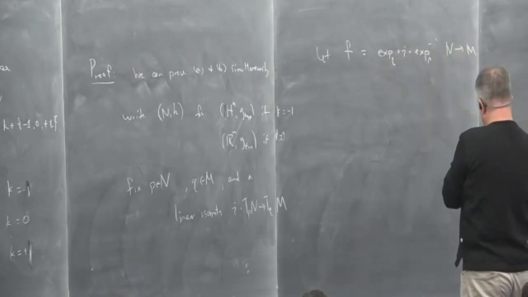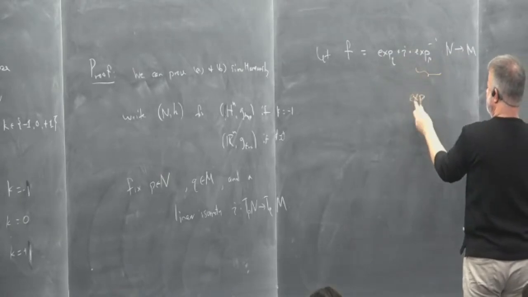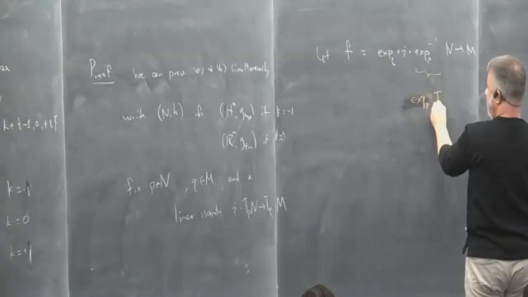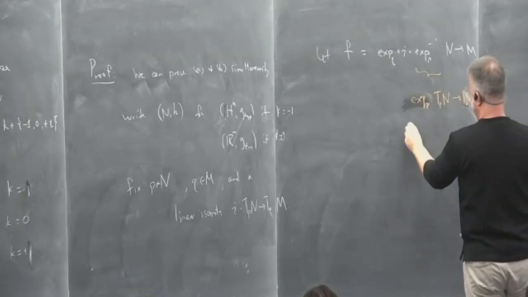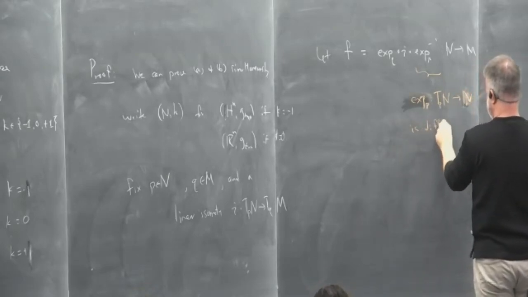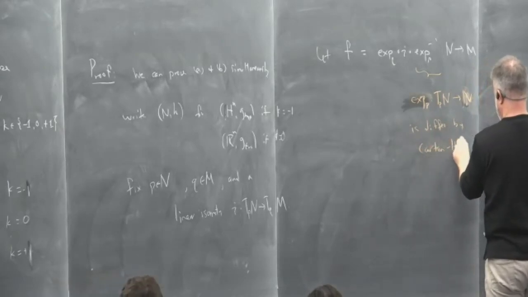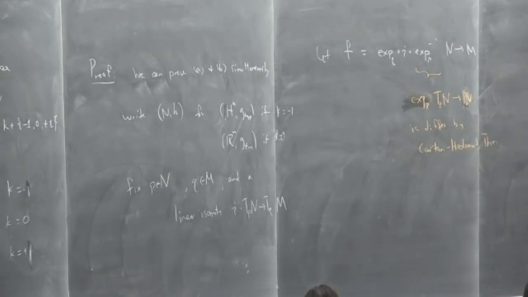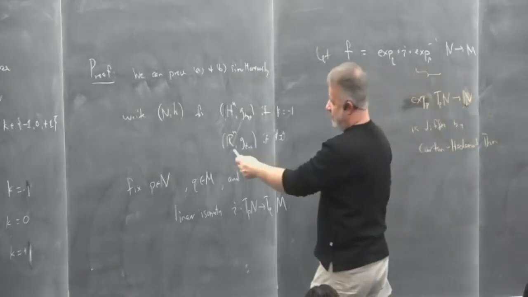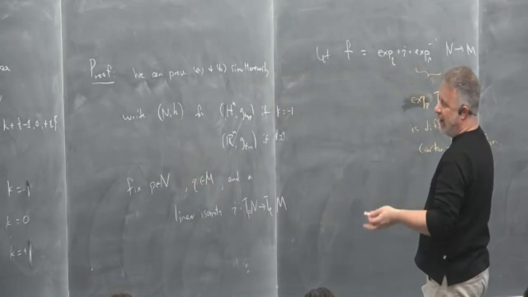And why can I do this on all of N? X_p, which goes from T_pN to R^n to N, is a diffeomorphism by the Cartan-Hadamard theorem. Here's where we're using the fact that the sectional curvature is non-positive everywhere.